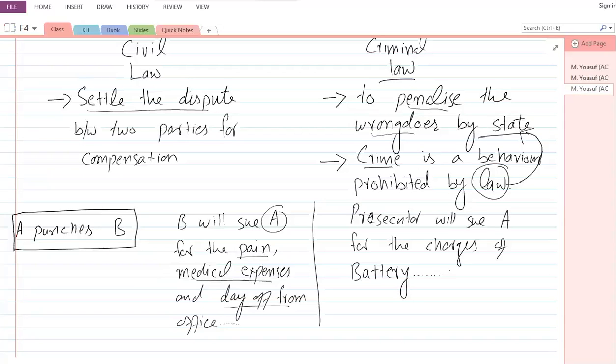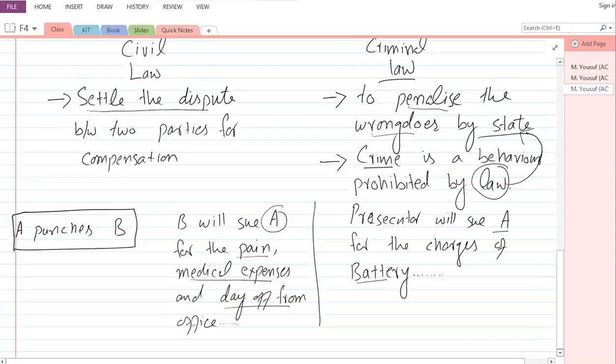So the prosecutor is an official personality nominated by the state in court for criminal cases. So the prosecutor on behalf of the state will sue A for the crime he was indulged in.